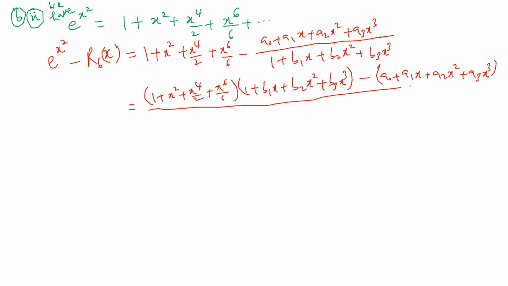Okay, we just took the LCD. We divide by 1 plus b1x plus b2x squared plus b3x cubed. Now we have this.